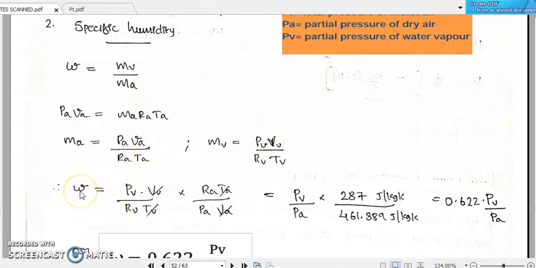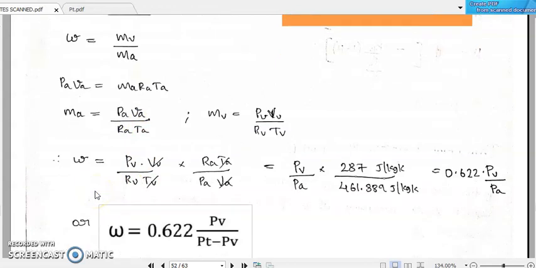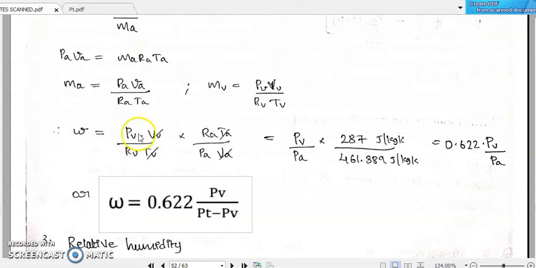When writing the expression for specific humidity, it will be equal to PvVv by RvTv into RaTa by PaVa. That comes to Pv by Pa into Ra by Rv. Ra is the characteristic gas constant for dry air, and in junior classes we have already studied the value 287 joules per kilogram Kelvin.